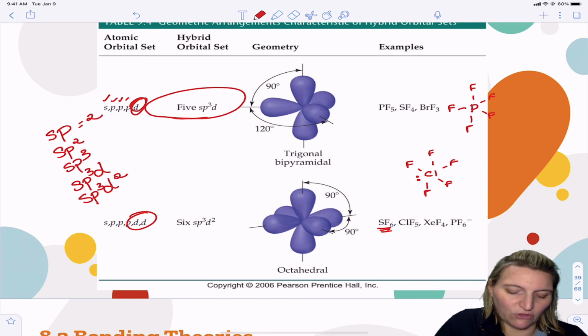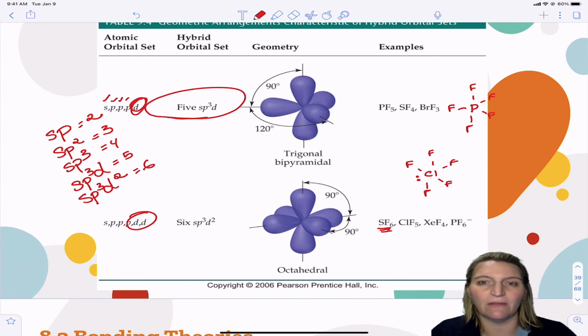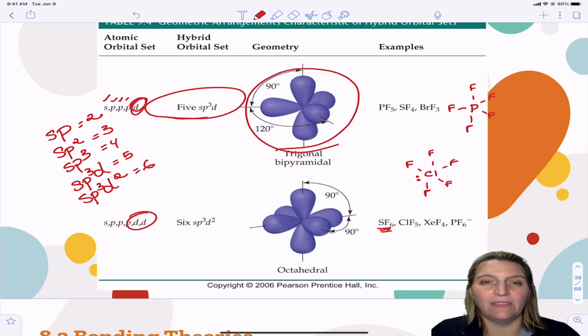And this would be if there are 2 electron domains, 3 electron domains, 4 electron domains, 5 electron domains, or 6 electron domains. Okay, so this is just a matching. Remember why this is, because we need to make those shapes, and there's no way that we know how to make those shapes without hybrid orbitals.